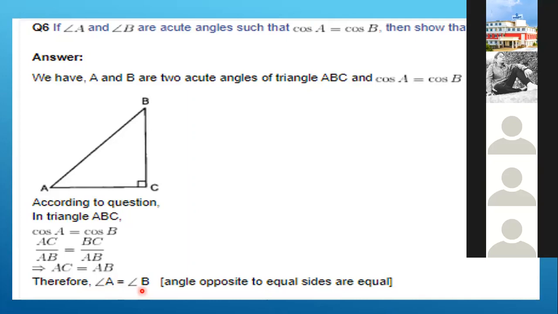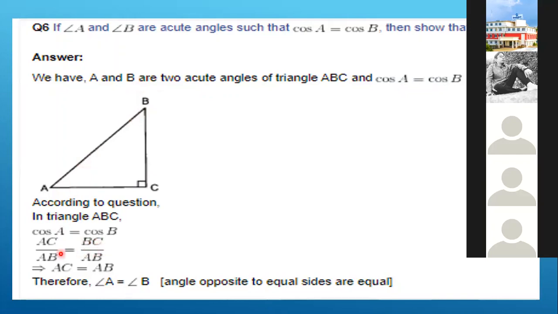Once again, repeat. They're asking us to find cos A and cos B. With respect to angle A, adjacent side is AC and hypotenuse is AB. So cos A is AC by AB. With respect to angle B, adjacent side is BC and hypotenuse is AB.